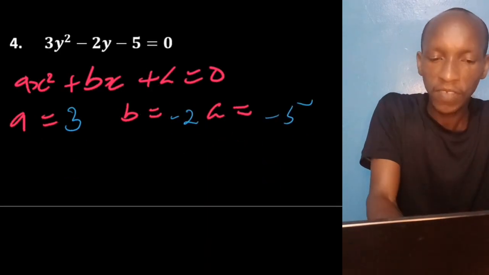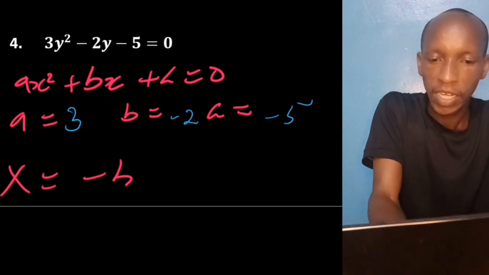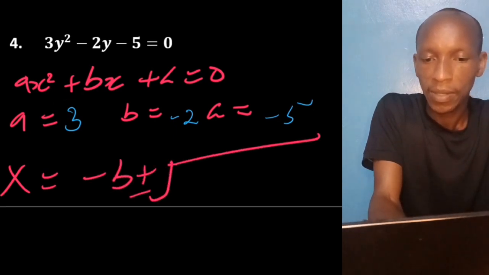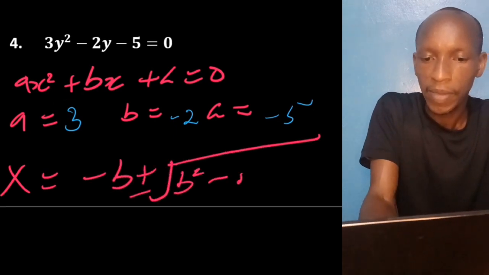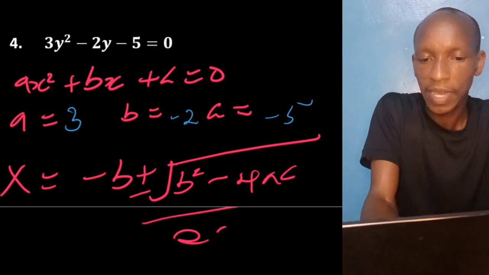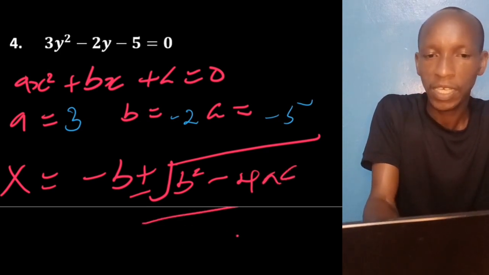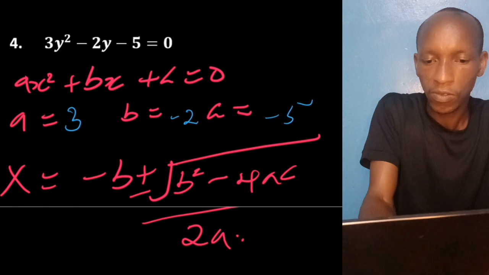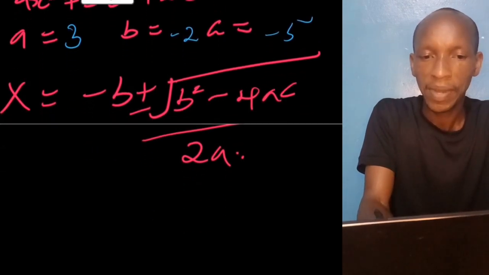Replace them in the quadratic formula: x is equal to negative b plus or minus the square root of b squared minus 4ac, divided by 2a. So therefore, we replace.